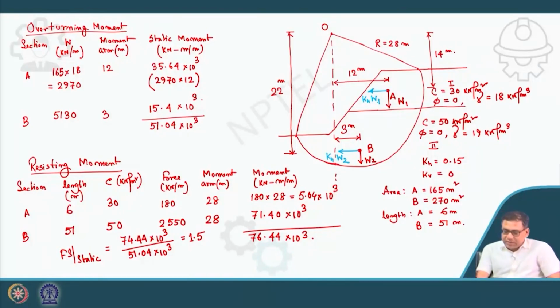Now because of these two forces, kH into W1 and kH into W2, our resisting moment will not change. It will remain the same, because the resisting moment is the same here, only the overturning moment will increase.